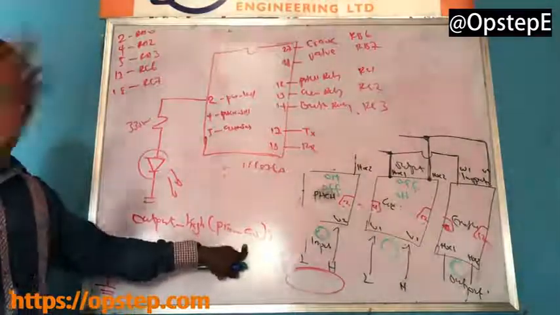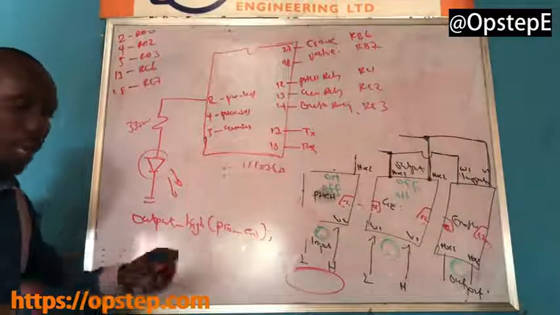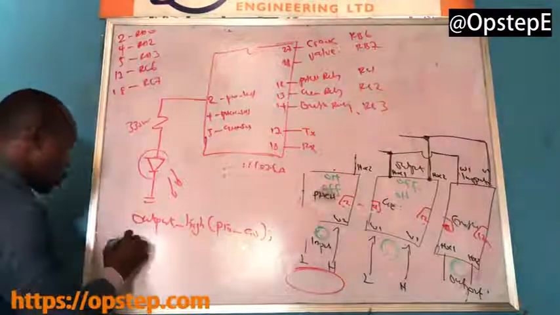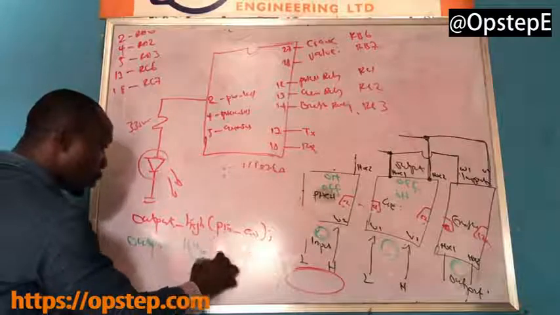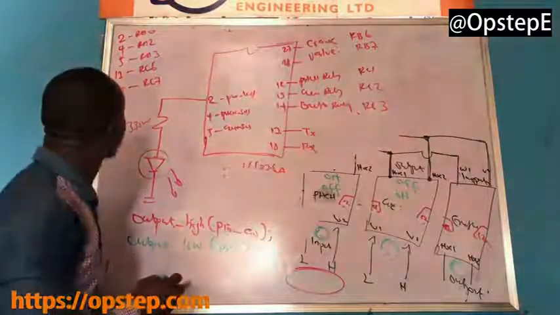This is how the LED comes on. If I want this LED to go off, I will just say output_low on pin_A0. Does it make sense?